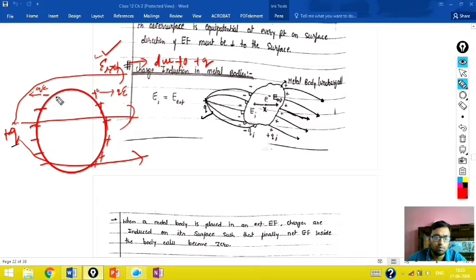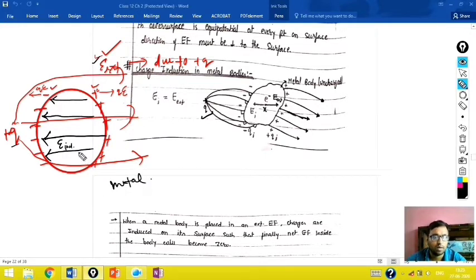One more thing we can notice is that due to this positive charge and this negative charge, some induced electric field will also be set up in such a way that it has the opposite direction to that of the external electric field. So in the case of a metal, this induced electric field is actually equal to what? This is equal to the external electric field.